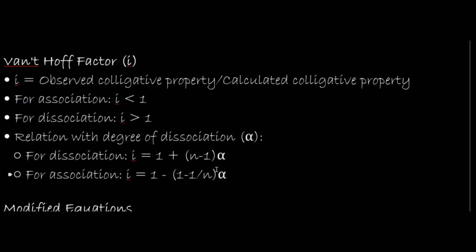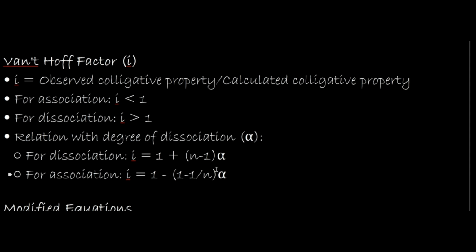Then comes the Van't Hoff factor. You can expect questions on the Van't Hoff factor. What is this factor? It is the ratio of the experimental value of the colligative property to the calculated value of the colligative property. Most of the time in reactions, we can't expect the theoretical value.